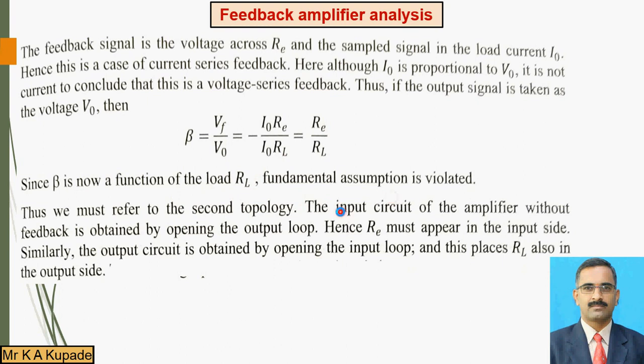Thus, we must refer to the second topology. The input circuit of the amplifier without feedback is obtained by opening the output loop. Hence RE must appear on the input side. Similarly, the output circuit is obtained by opening the input loop, and thus RL is also replaced on the output side.